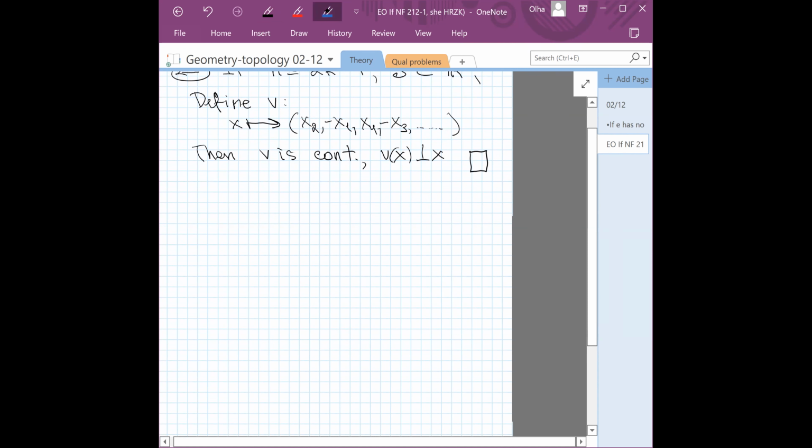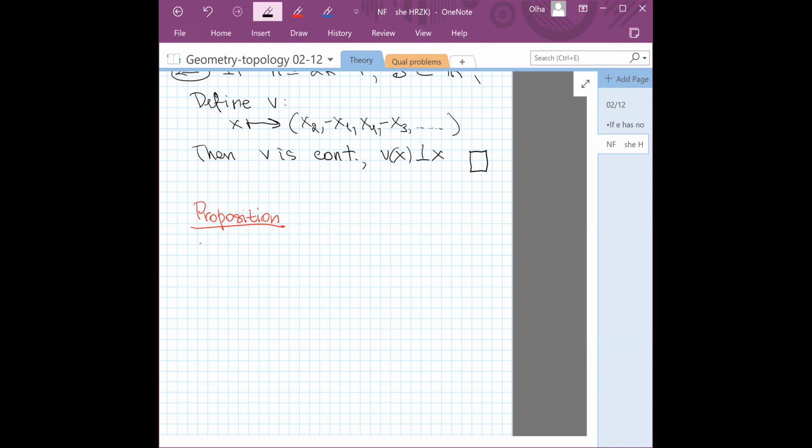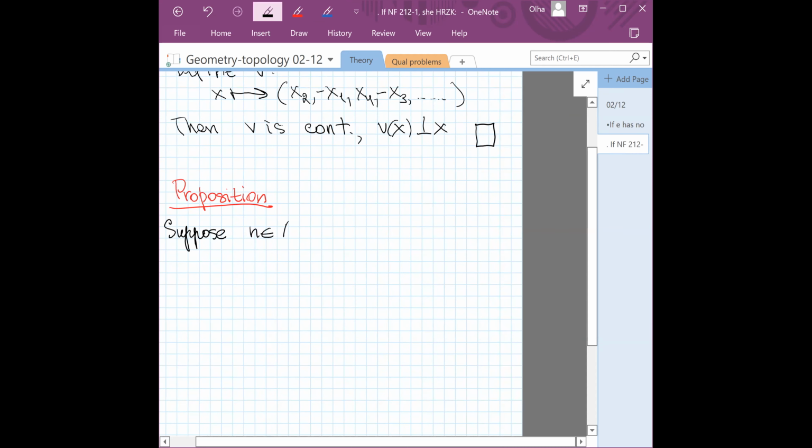Okay, so we're gonna do another application of degrees, which is the following proposition. Suppose n is an even integer.